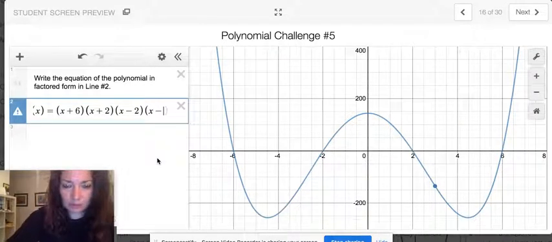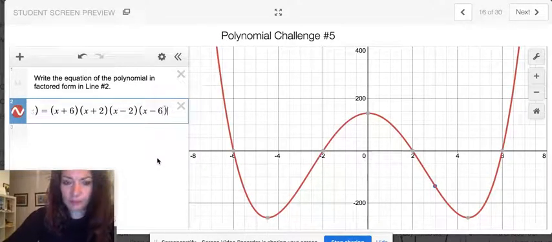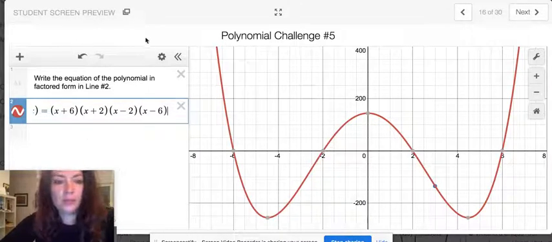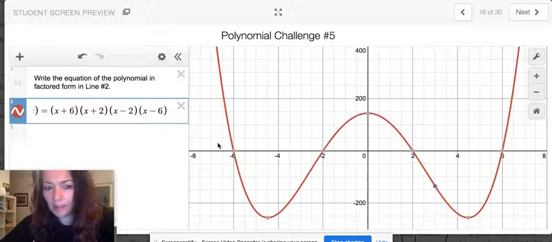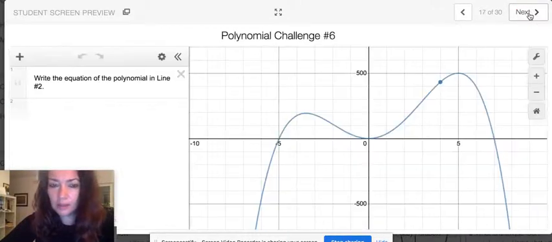Oops, 6. And you could see that we have covered the whole equation, so this is correct. Let's go to the next slide.